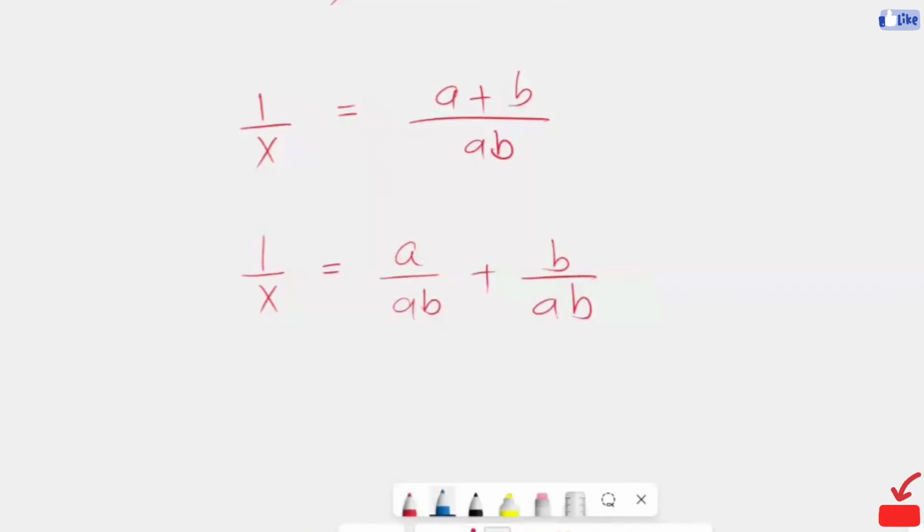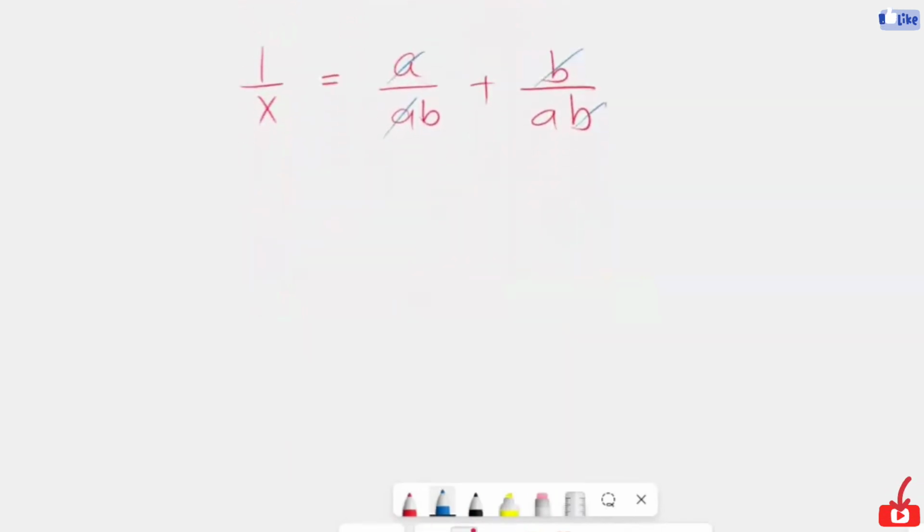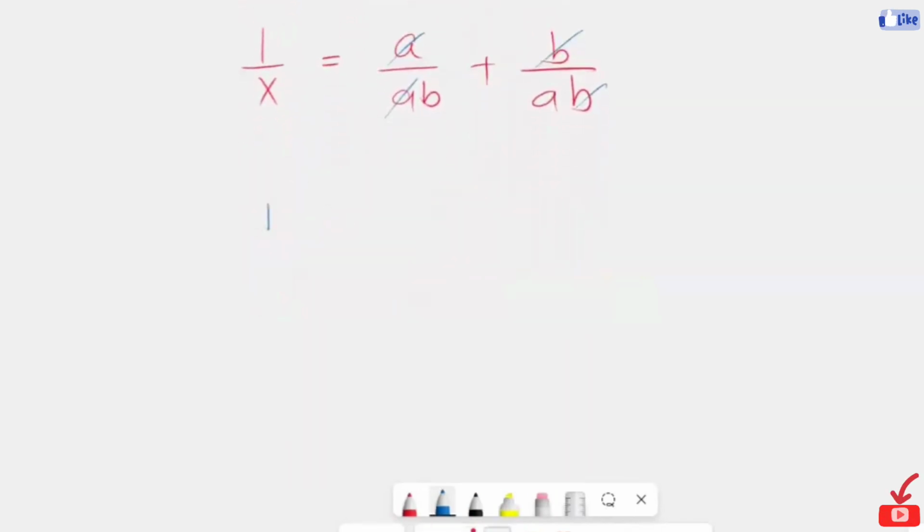So now this a and this a get cancelled, and this b and this b get cancelled. So the remaining expression we get is 1 over x is equal to 1 over b plus 1 over a.